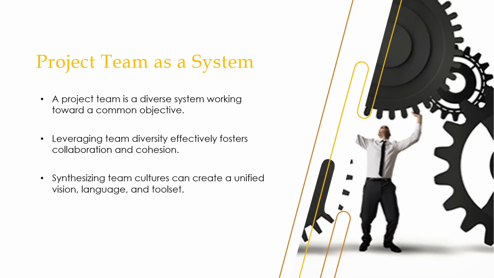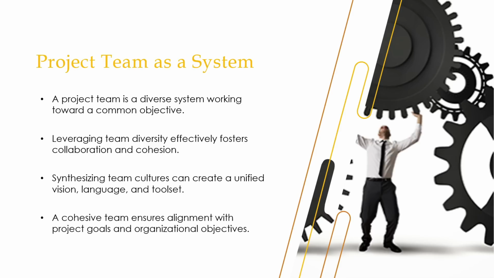You have to synthesize these cultures into a unified vision, and it is going to help the team operate as one cohesive unit. And by fostering collaboration and alignment, the team is going to ensure that its work supports not only the project's immediate objectives but also the broader organizational objectives, right? So you have the project goals, you have organizational objectives. If there's a cohesive team, it is going to align with them.